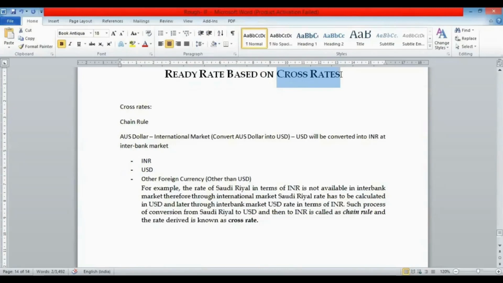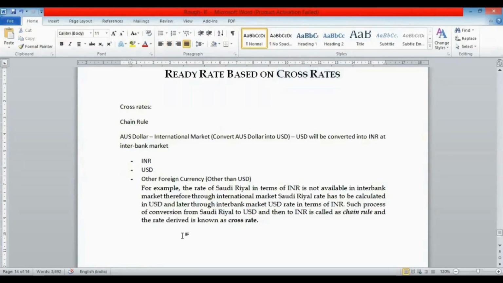We make use of only plus, minus or multiplication, and the remaining is the logic. What has to be added, what has to be subtracted, what has to be multiplied, and with what. So here logic is very important.